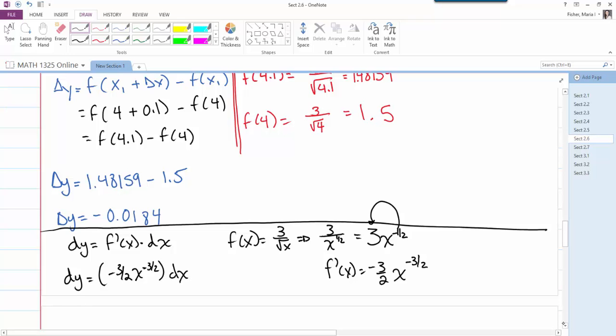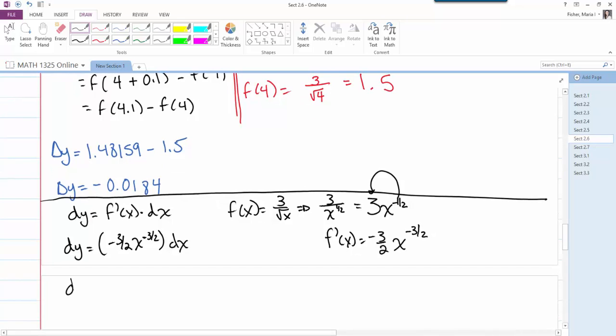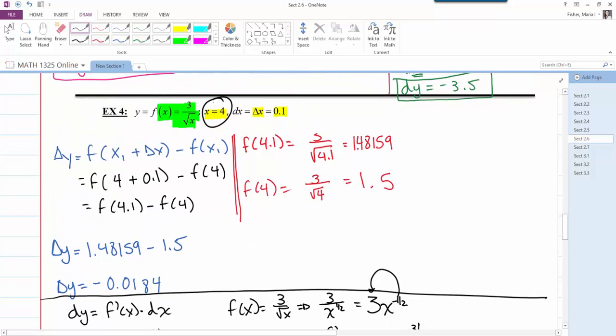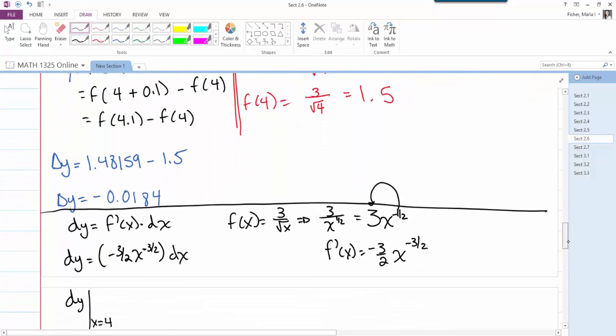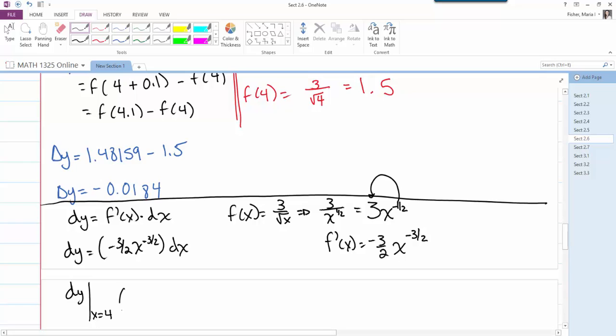We're going to evaluate this when x is equal to 4, because that was the given. So I get negative 3 halves times 4 to the negative 3 halves times delta x, and delta x is the same as dx, and remember that's 0.1.